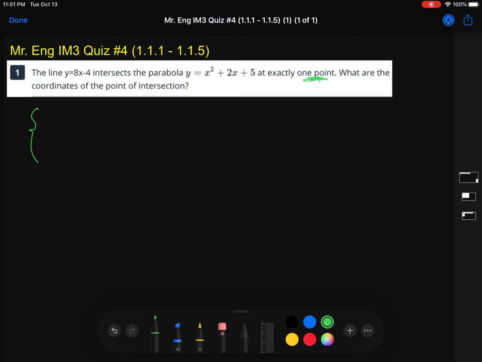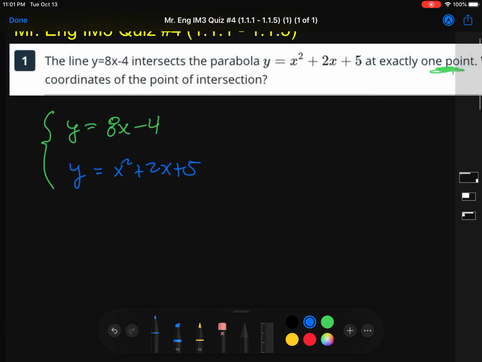Alright, so basically when you have multiple equations in the same coordinate system, we like to call these a systems problem. And if you notice something about the green and the blue equation, they're both set equal to y. So we're going to do a substitution.